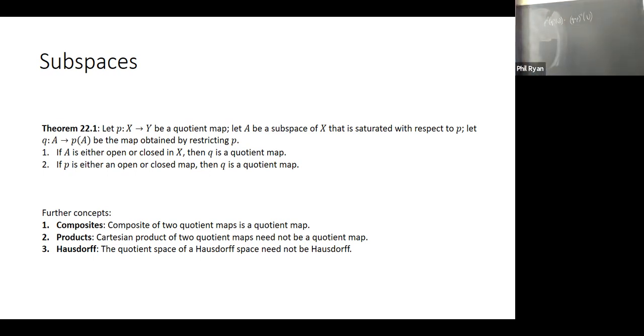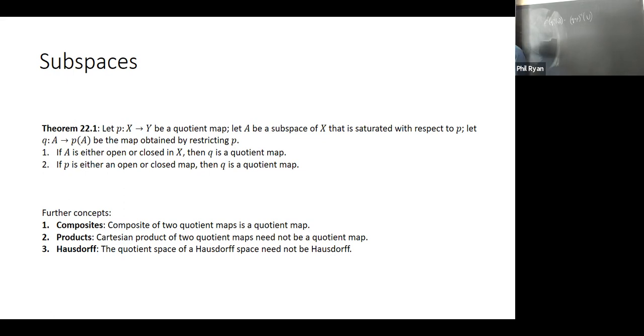Other things actually are not so good. You've got to really work hard with quotient maps. We're going to show a really interesting example, which is kind of to show you how groovy things can be. The Cartesian product of two quotient maps need not be a quotient map. The quotient space of a Hausdorff space need not be Hausdorff. And in fact, it's really hard to come up with nice conditions to actually ensure that something is Hausdorff. An easier one is the T1 axiom.